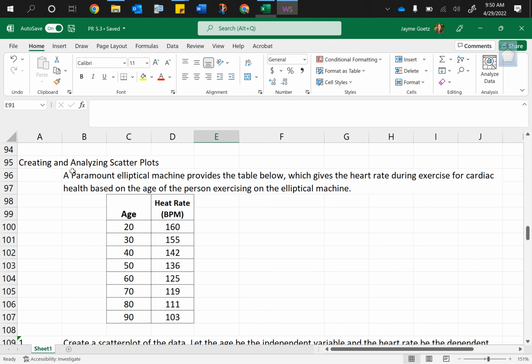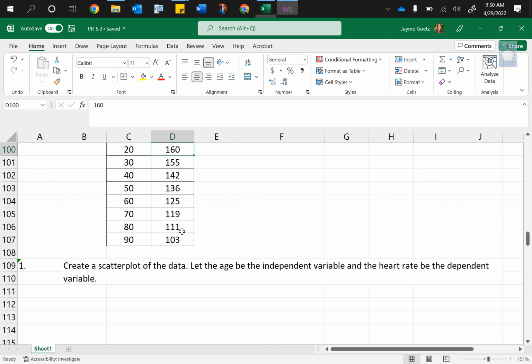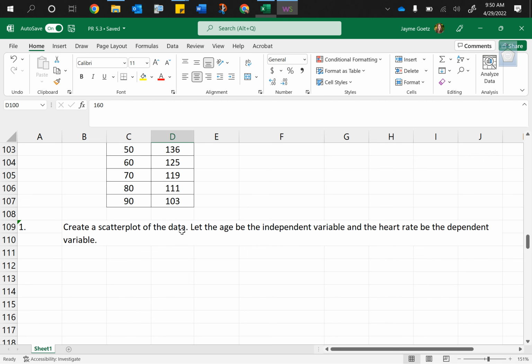So it's saying if you're using this elliptical machine and you are 20 years of age, your heart rate in beats per minute should be about 160. Okay? What we're going to do, on number 1, it says create a scatter plot of the data. Let the age be the independent variable and the heart rate be the dependent variable.